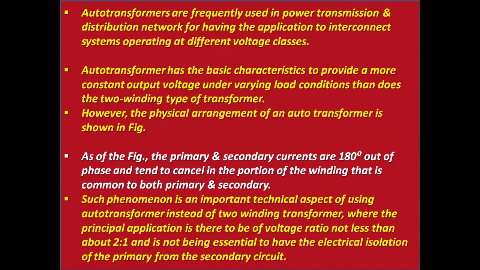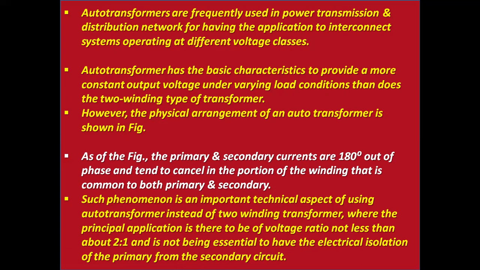However, the physical arrangement of an autotransformer is shown in the figure. As per the figure, the primary and secondary currents are 180 degrees out of phase and tend to cancel in the portion of the winding that is common to both primary and secondary.